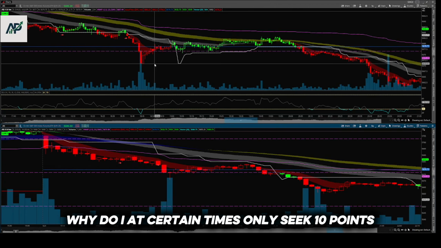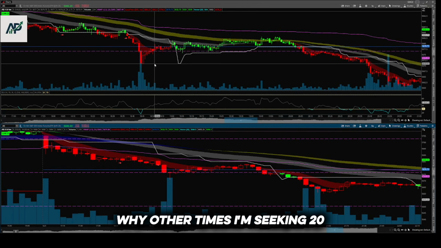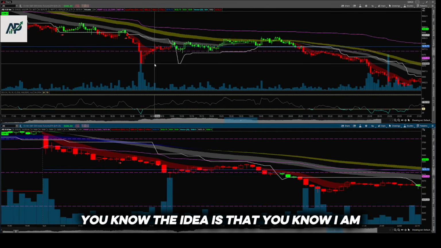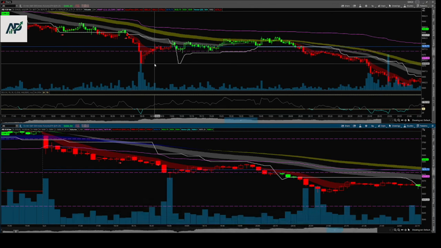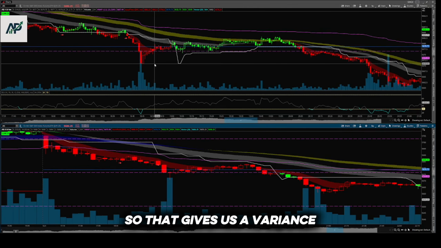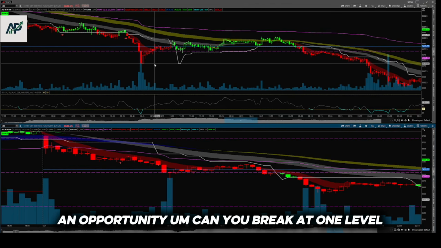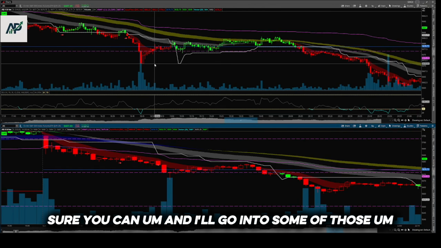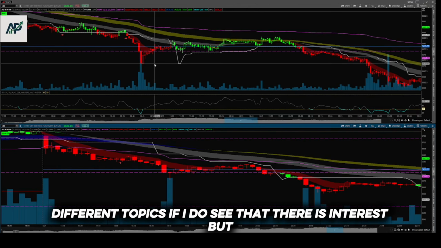Why do I at certain times only seek 10 points, and other times I'm seeking 20, 30 plus? The idea is that I am playing level to level, so that gives us a variance. Can you break on one level and then move through another? Sure, you can. And I'll go into some of those different topics if I do see that there is interest.